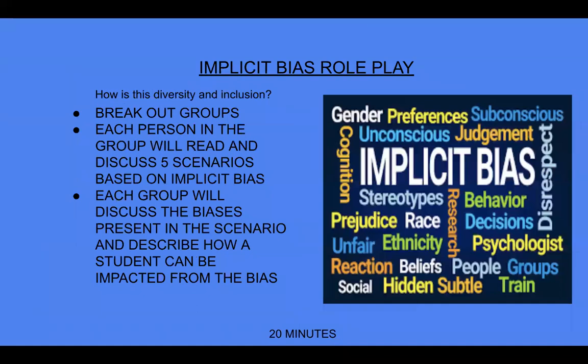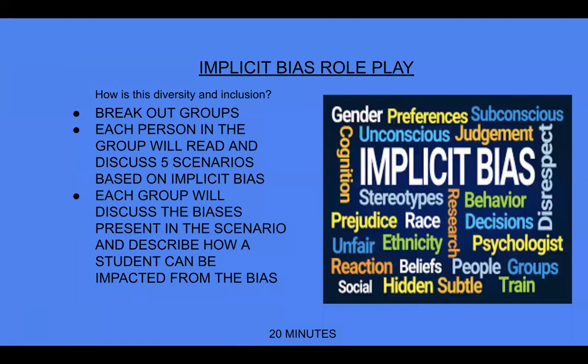And finally, we have a 20-minute implicit bias role play. And this is again the question of diversity and inclusion. In breakout groups, once we meet again, each person in the group will read and discuss 5 scenarios based on implicit bias.